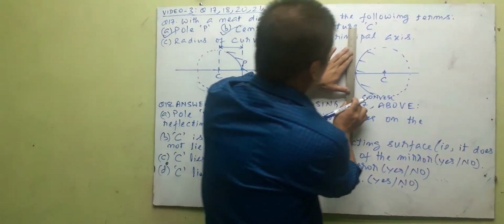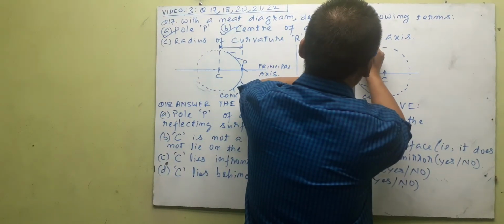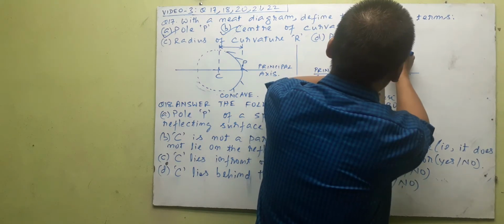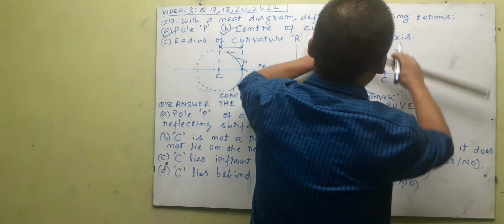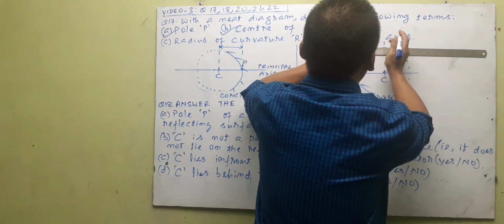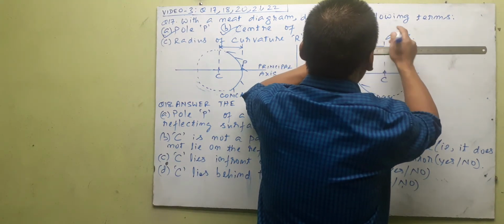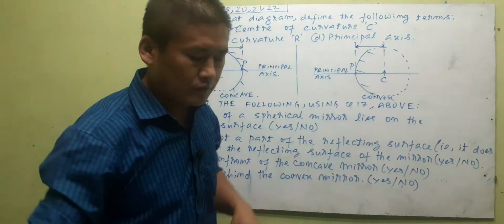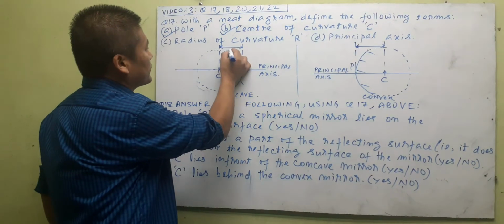And here, if you were to mark the same thing, then the distance between C and P would be this one. So this distance between C and P, running from here to here, this length or distance is called the radius of curvature, capital R.